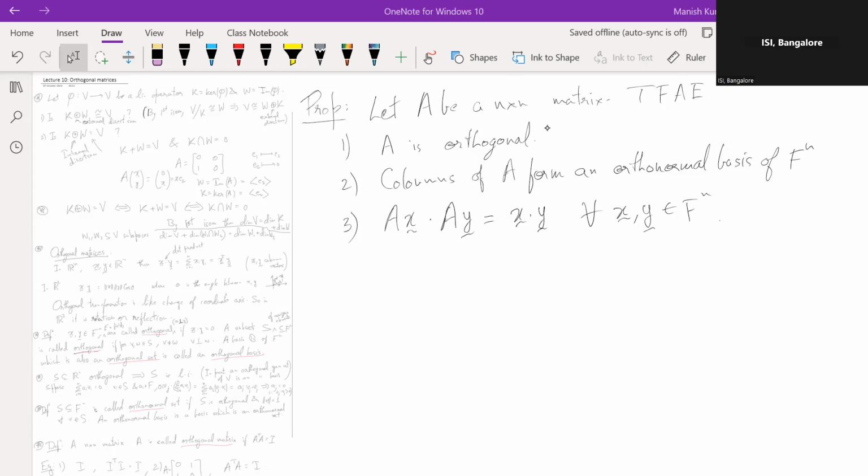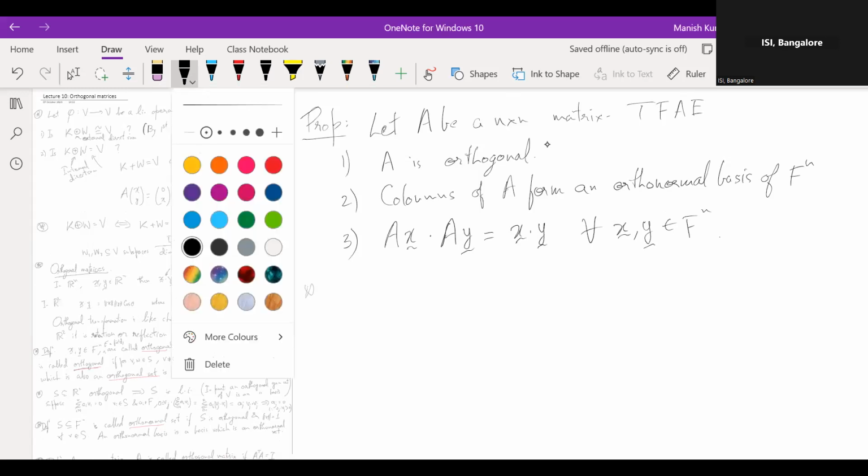But before proving that, let me make this definition for a linear map.